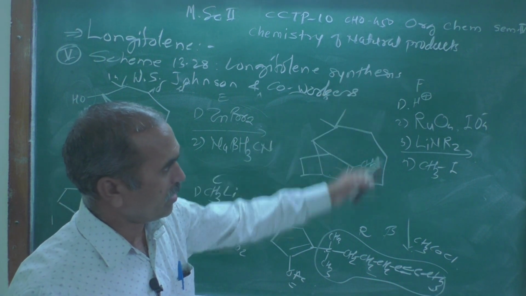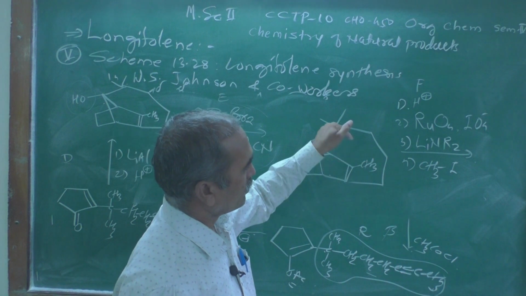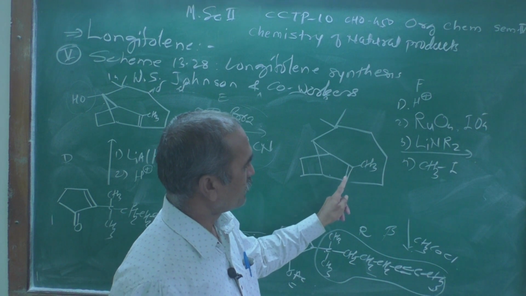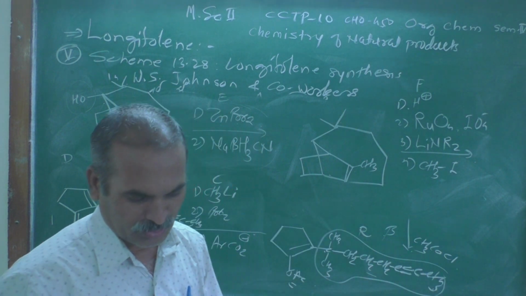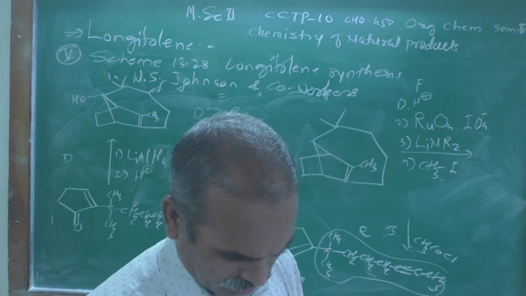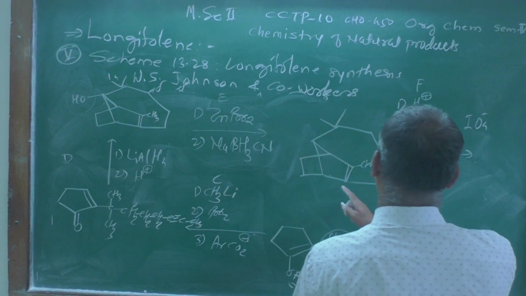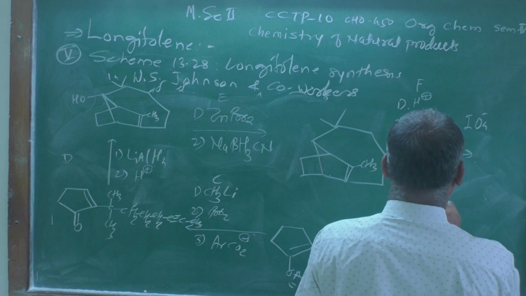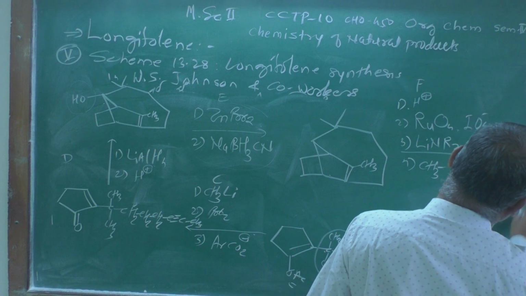So by adding these reagents selectively, they have removed this methyl group and introduced a methyl group at the bridgehead, as well as introducing a carbonyl group and methyl group, and we are going to get the product over here, which will be this structure.